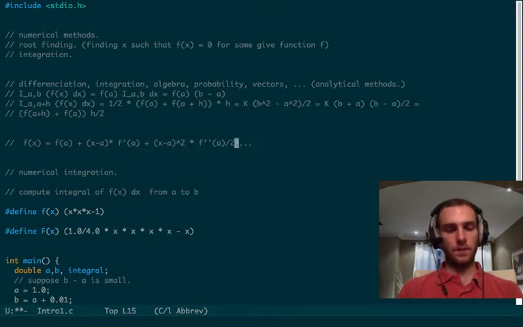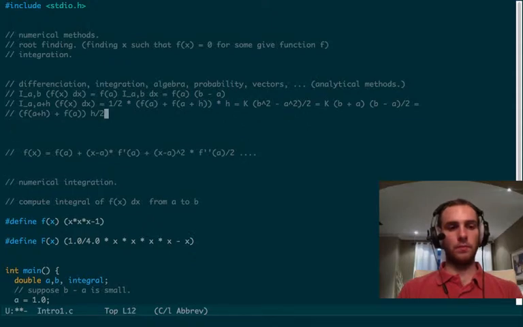So that's one idea, but you don't actually need to know the derivative. We'll come back to exactly how you approximate a function when you know the function at different points.